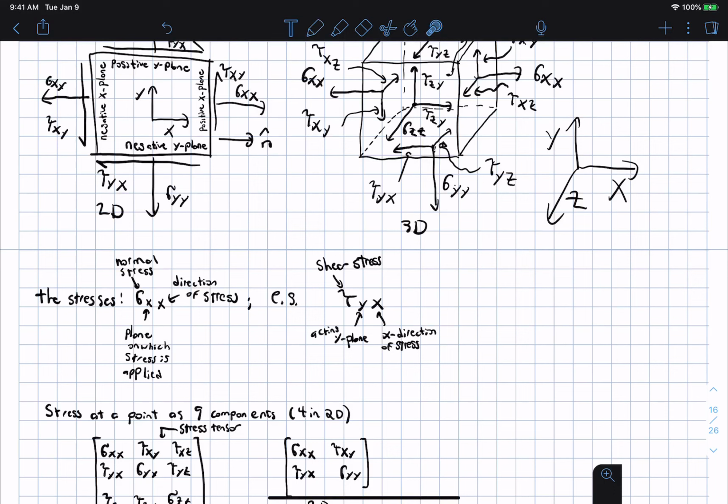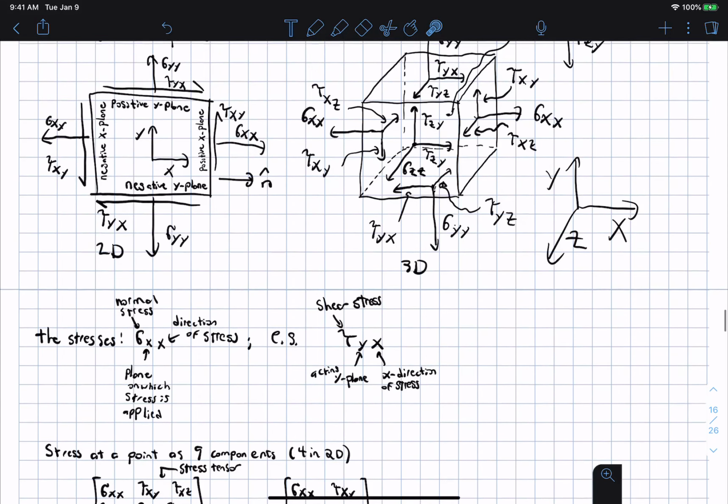The second letter corresponds to the direction of the force produced by that stress. So sigma xx means that the second x means the force is acting in the x direction, and this tau xy, this y means that the stress is acting in the positive y direction. You see another example here: tau yx means that the shear stress is acting on the y plane.